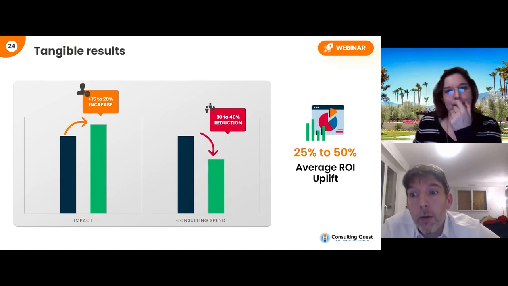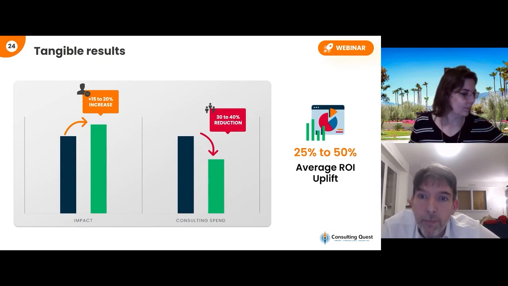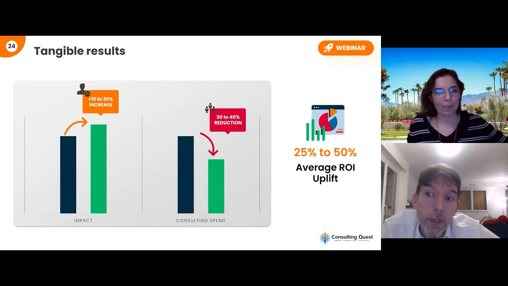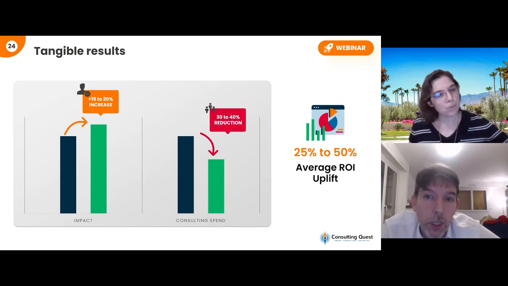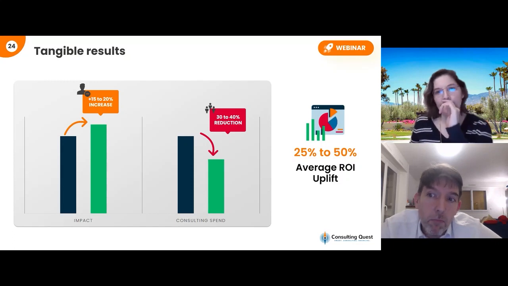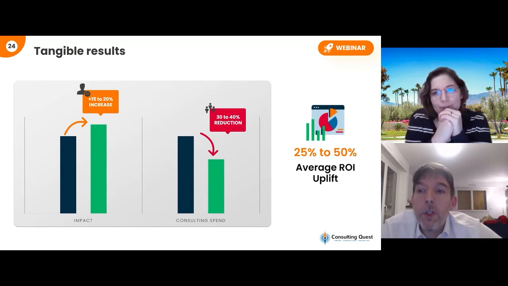And then the cost, by just reducing the projects that should not be there and combining that with healthy competition and design to cost to make sure that you buy what you need and only what you need, you can drive, I wouldn't say fairly easily, but without too much pain, 30 to 40% cost reduction. So when you combine that on the numerator and the denominator of our earlier equation, this drives 25 to 50% average ROI uplift, which can be huge.